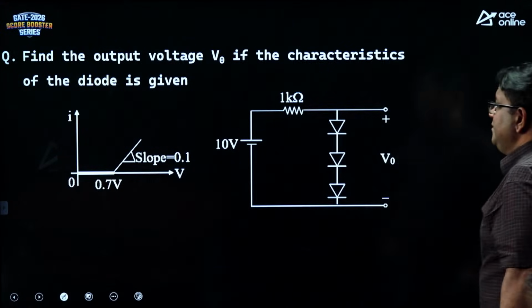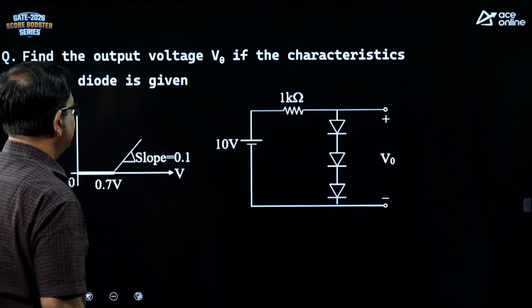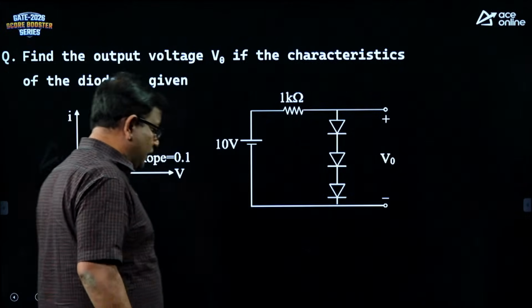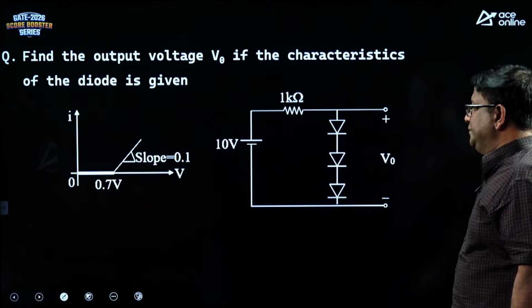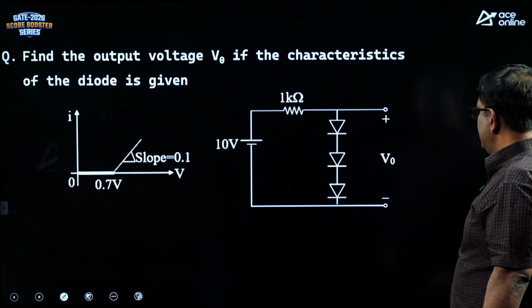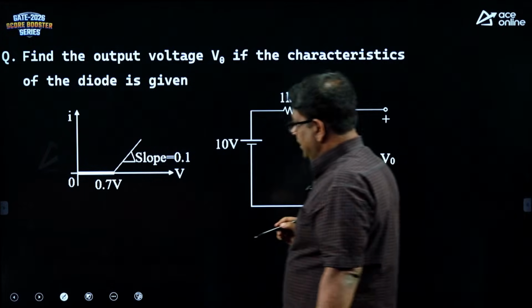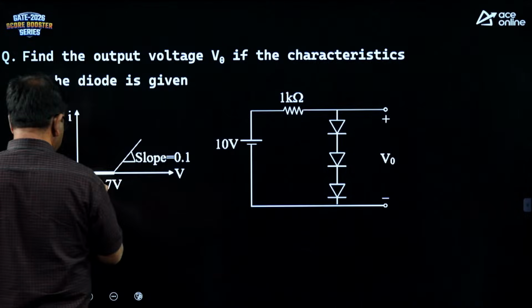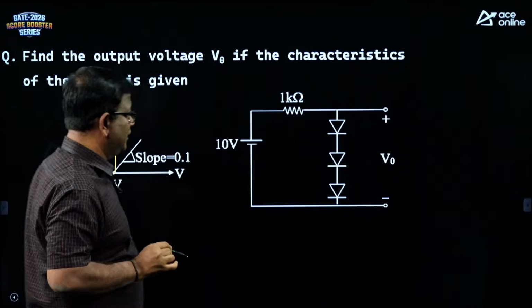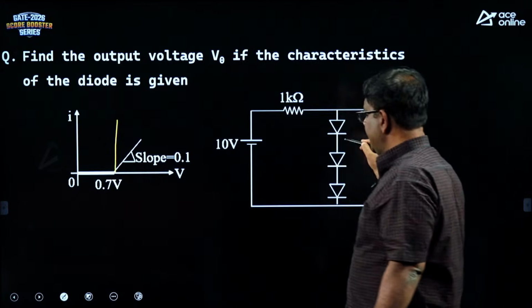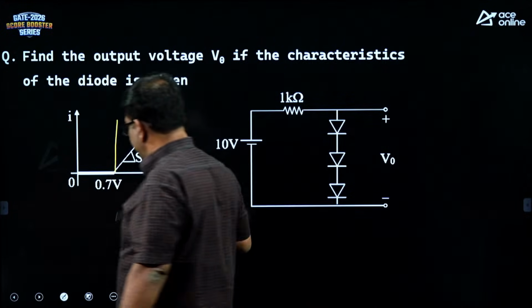Go through the question. Find the output voltage V naught if the characteristics of the diode is given. Try to model the diodes. If the diode characteristics would have been a line parallel to the y-axis, then the model of the diode would be 0.7 volts. But now you can see that there is a slope here.